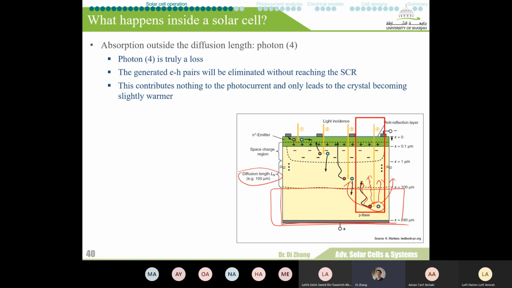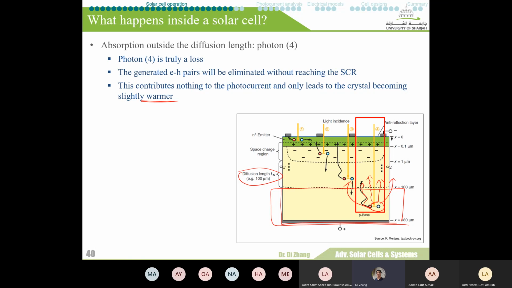And what about the photon energy here? If they lose the photon energy, where does this part of energy go? Typically, after recombination, you generate thermal energy in the crystal, so that the end result is that the material will become slightly warmer, but nothing more.